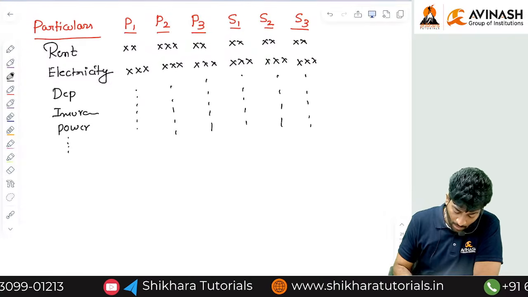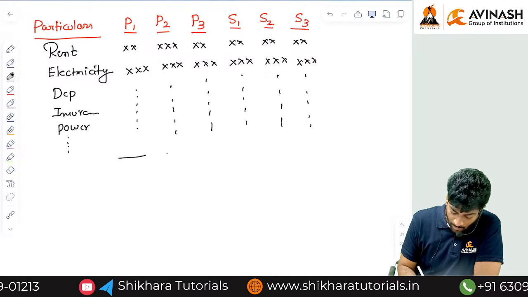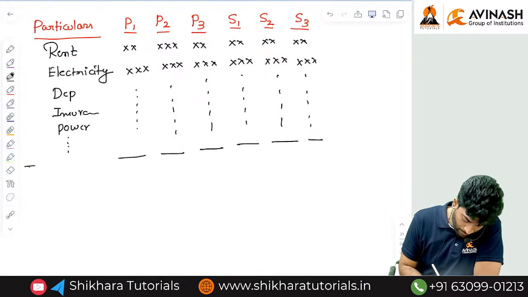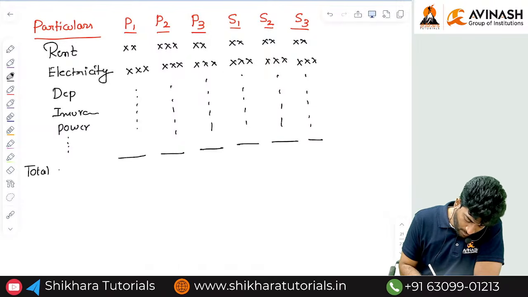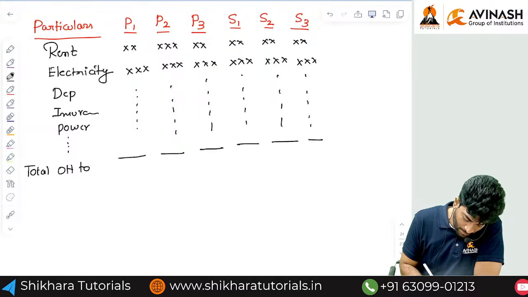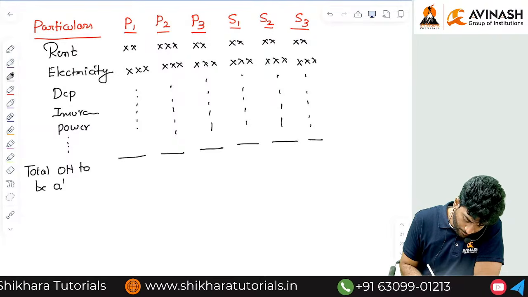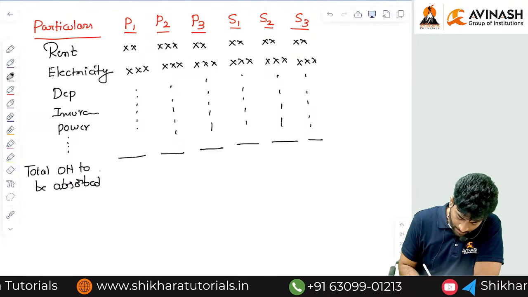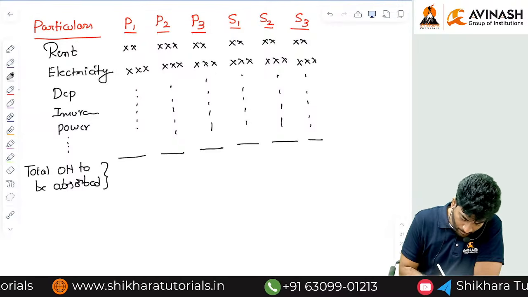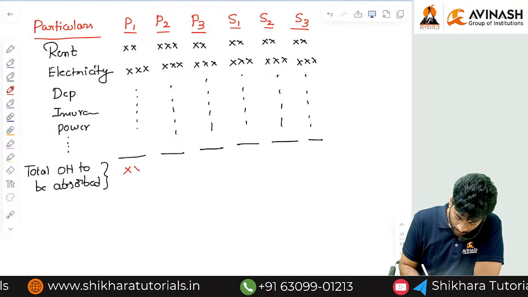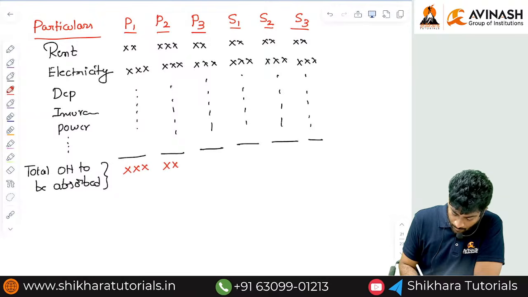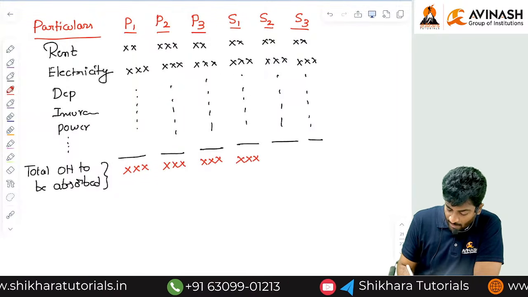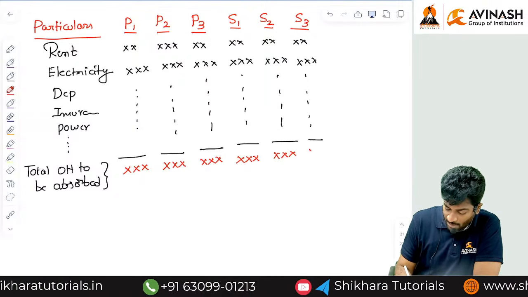Right? Now, this is the total overhead to be absorbed. So these are the expenses incurred by the respective departments.